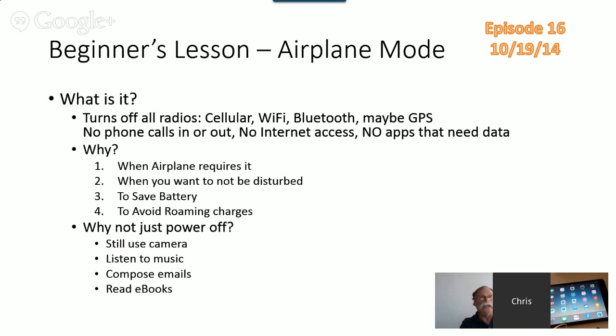So when you get on an airplane, they tell you when you're taking off and landing that your device needs to be turned off or in airplane mode. And it's also a great do not disturb, and you can use it to save your battery.